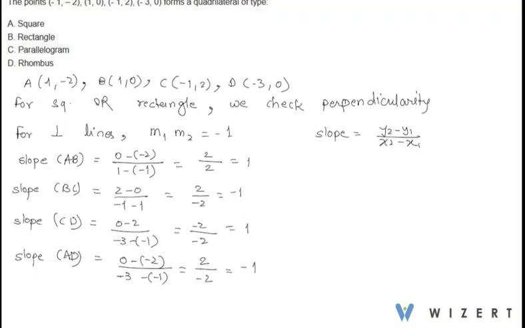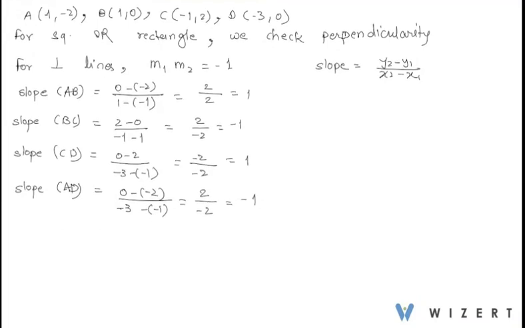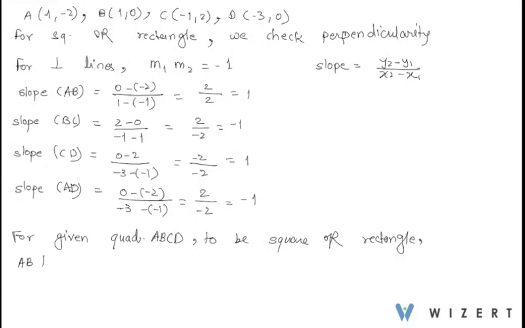So in order for the given quadrilateral ABCD to be a square or rectangle, AB should be perpendicular to BC, BC should be perpendicular to CD, CD should be perpendicular to AD and AD should be perpendicular to AB.